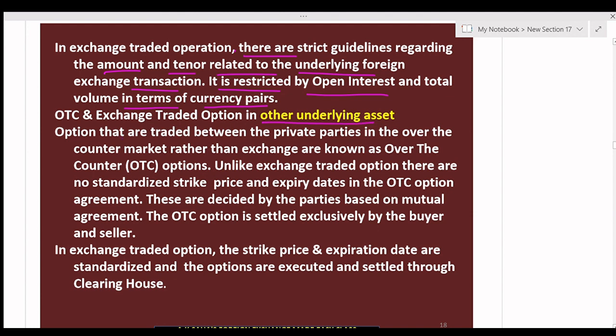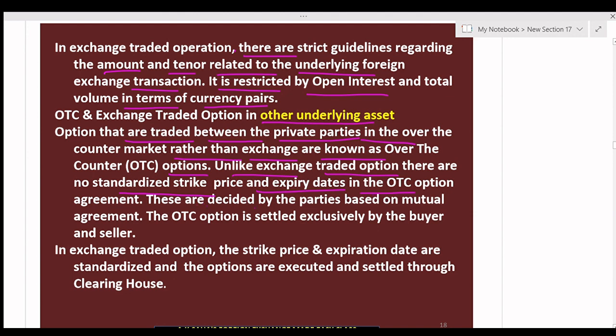Options that are traded between private parties in the over-the-counter market rather than on an exchange are known as OTC options. Unlike exchange traded options, there are no standardized strike price and expiry dates in the OTC option agreement.